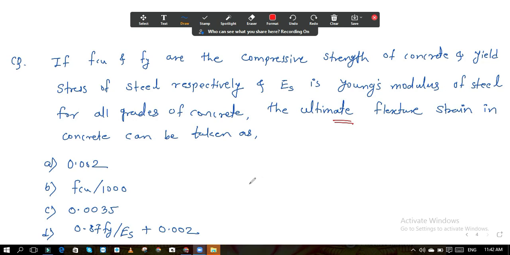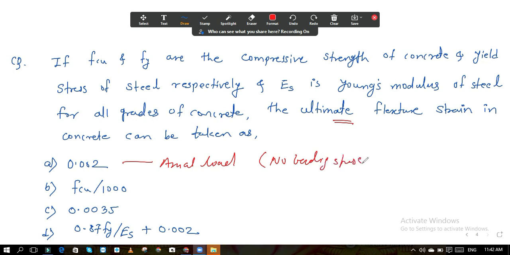Okay, so ultimate flexure strain is nothing but the strain which is due to the axial load as well as due to the bending. Okay, now remember one thing, for axial load this is the strain. Okay, only for axial load, no bending is there, no bending stress.